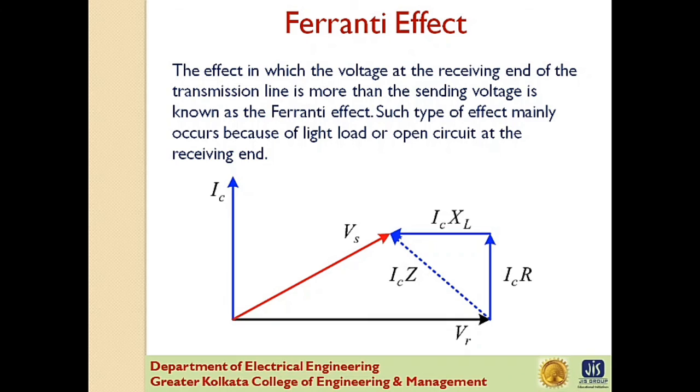Now, this capacitor charging current leads to a voltage drop across the line inductor of the transmission system, which is in phase with the sending end voltage, and this voltage drop keeps on increasing additively as we move towards the load end of the line, and subsequently the receiving end voltage tends to get larger than the applied voltage, leading to the phenomenon called Ferranti effect in power system.